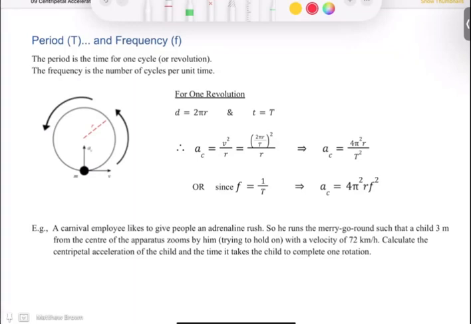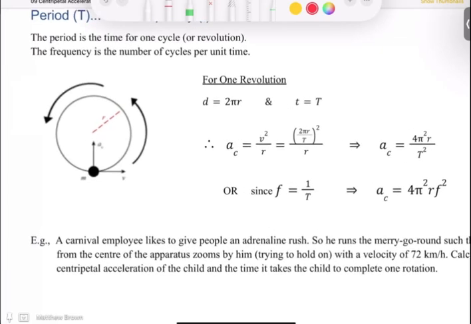Okay. So if we want to figure out the period and we're looking at something going around and around in circular motion, the distance that it goes when it makes one revolution is 2 pi r. That's just the circumference of the circle. The time it takes is what we've defined to be the period, which is just this capital T we're using.